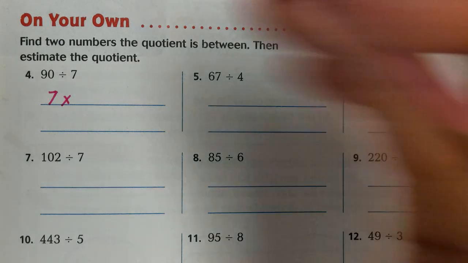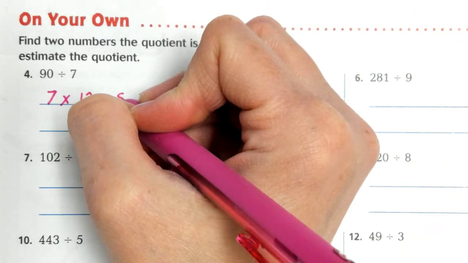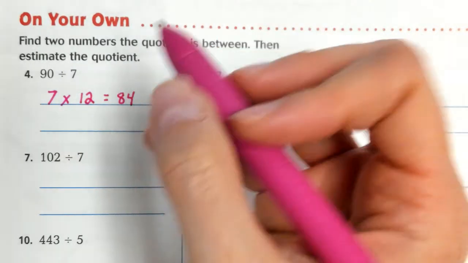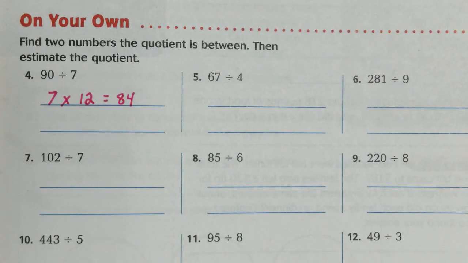7 times 12 is? 84. Okay, so 7 times 12 is 84.